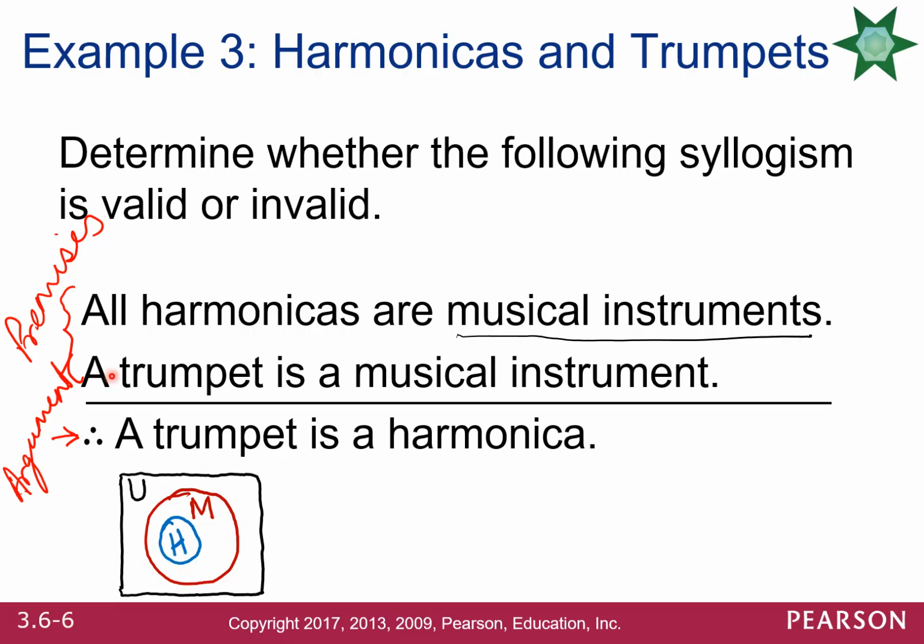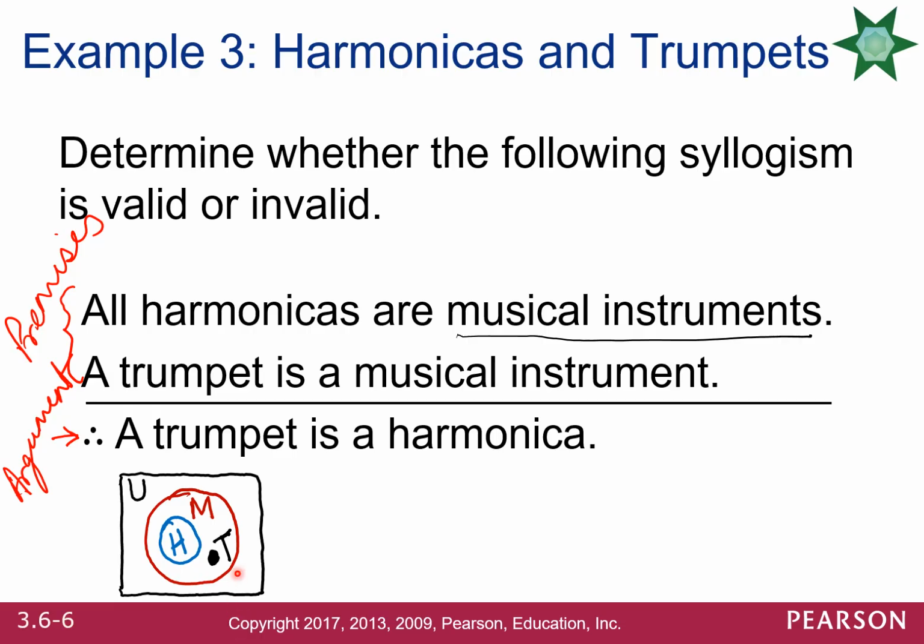And then the second premise says a trumpet is a musical instrument. Since they have mentioned just one trumpet, not all trumpets, we're going to denote that using a small dot, and represent that with the letter T. All right.